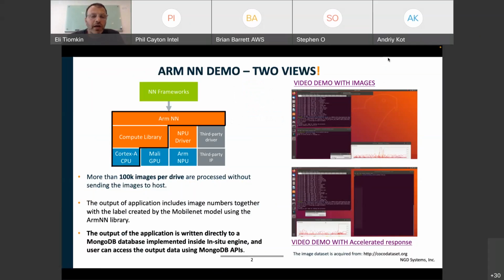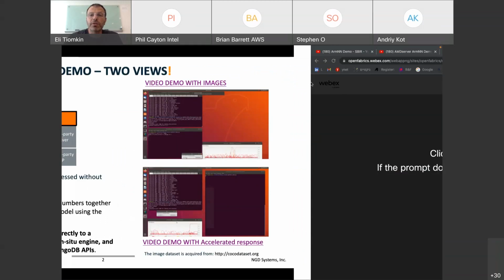Each individual drive is holding about 100,000 images, and it will show you how the actual drive is managing the images. I have two demos to show you, and they're both related to each other. So we'll start with the first demo.